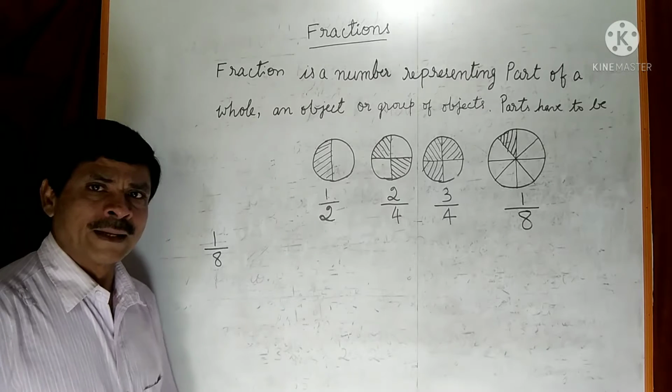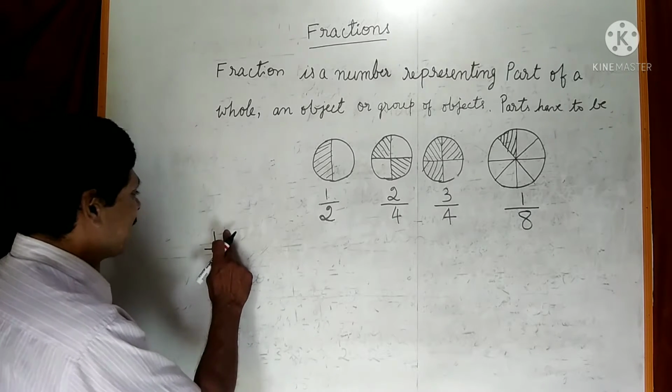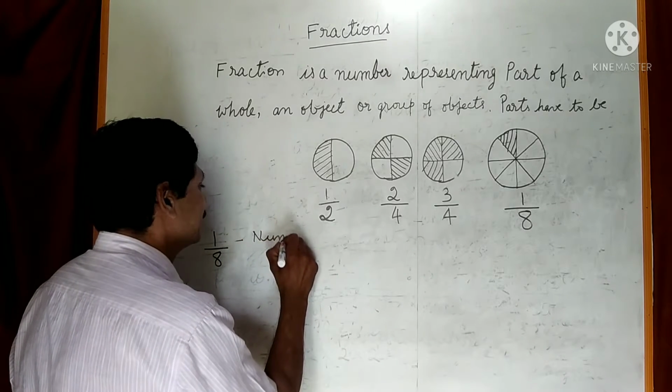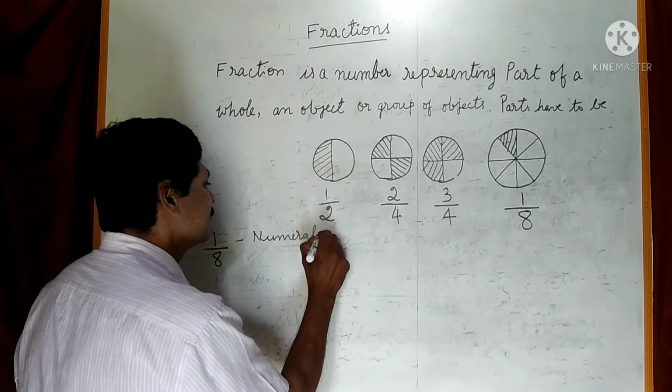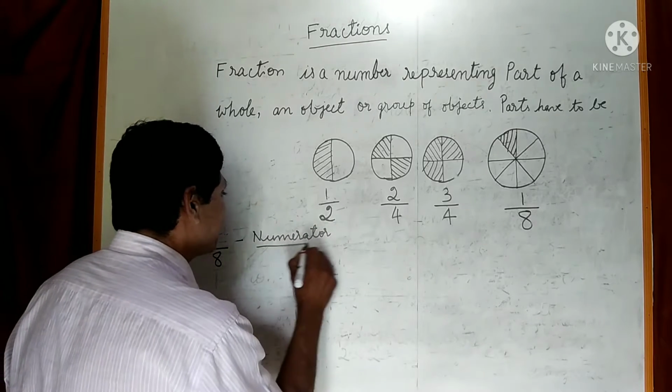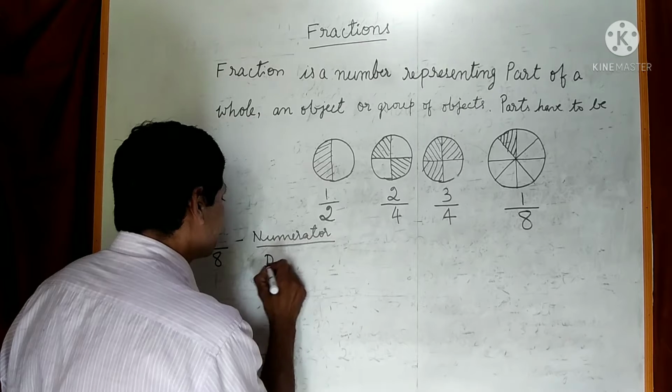1/8. The number above the line is called the numerator, and the number below the line is called the denominator.